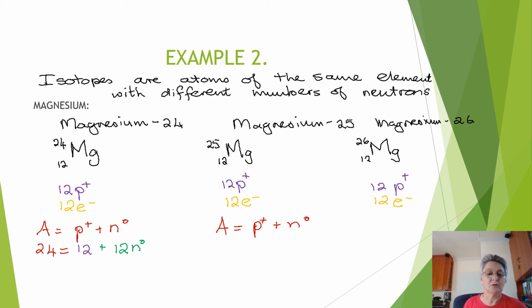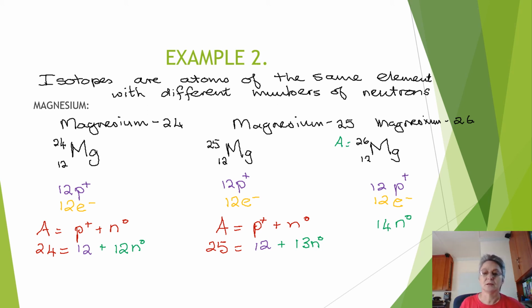If the mass number is 25 and the number of protons is 12 for magnesium, then the number of neutrons would be 13 in magnesium 25. 13 neutrons. And if we look at the last one, skipping all the mathematical steps, there will be 14 neutrons, because 14 neutrons and 12 protons will give you a mass number of 26.